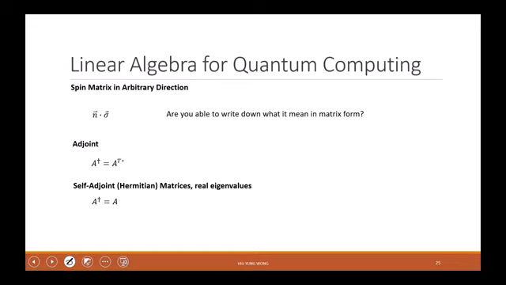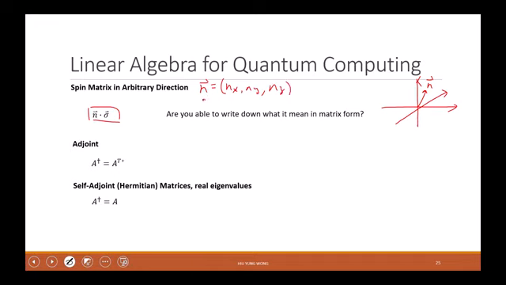So do you remember, what it is basically trying to say is, if my magnetic field is in a certain direction n in the real space, what is the corresponding spin matrix? It's given by n dot sigma. So what is n again? nx, ny, nz. This is the real space, right? Any direction.